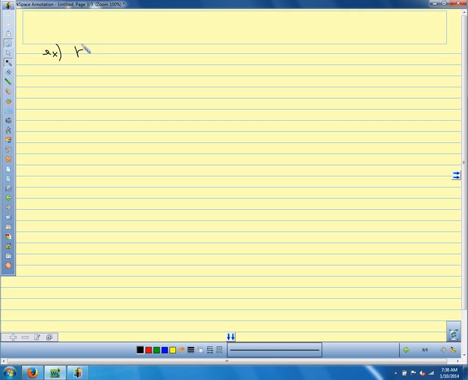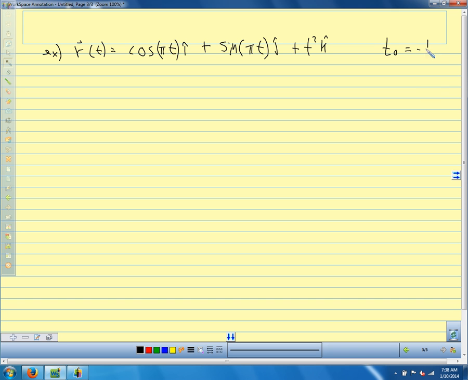If r of t is cosine of pi t i plus sine of pi t j plus t squared k hat. And we're talking about this particular time t0 equals negative 1/4.